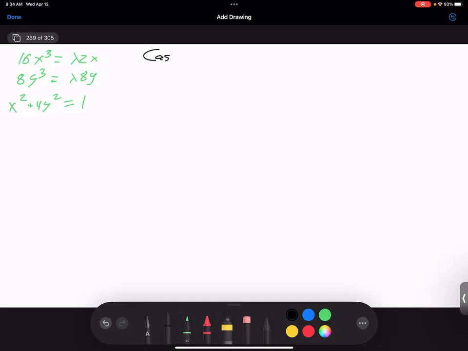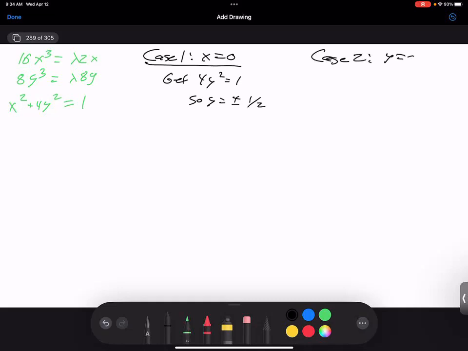So case 1, if x equals 0, then it's very simple, right? In that case, we get 4y squared equals 1. So y equals plus or minus 1/2. Case 2 is y equals 0.